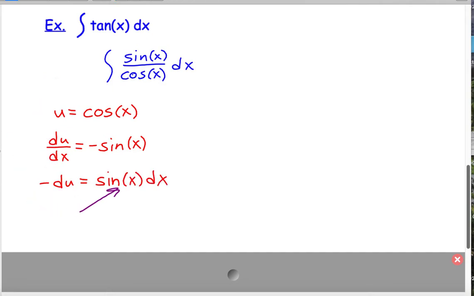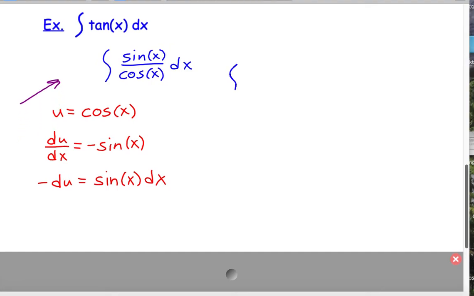And sure enough, sine of x dx I've got in my original problem. So that sine x dx I can replace with negative du. And this cosine of x in the denominator I can replace as 1 over u. So now we can rewrite this, and we have the integral of 1 over u that covers our cosine of x. And then the negative, I'll put the negative outside here, du. And that looks like something we can handle.